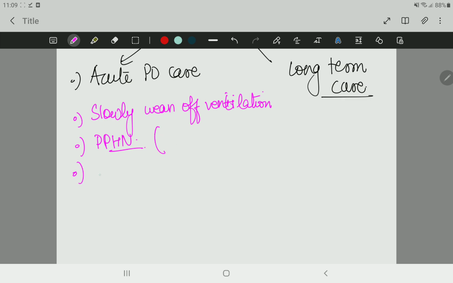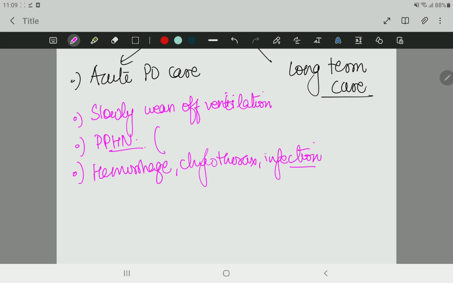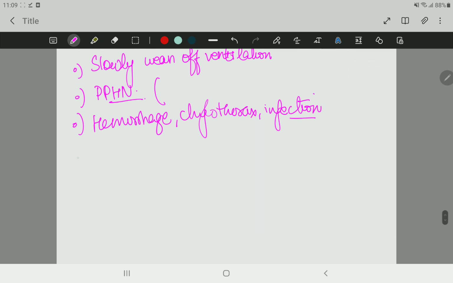Also look for signs of hemorrhage, chylothorax, and infection. One should consider feeds when the child is clinically stable and there are no gastric aspirates, usually around POD 3 to POD 5.